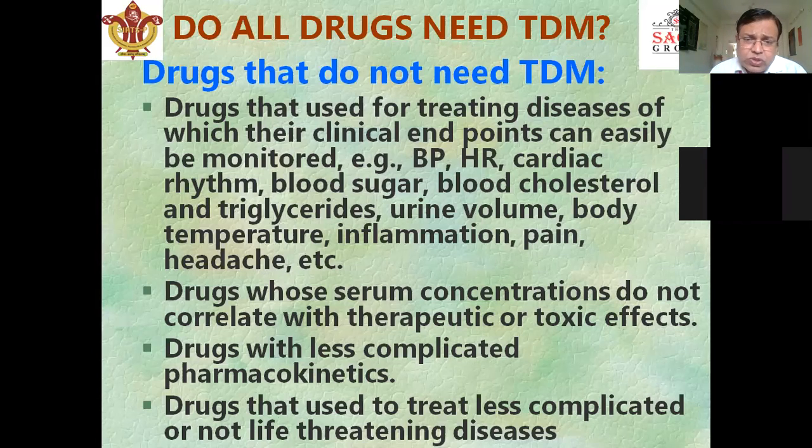Drugs whose serum concentration does not correlate with the therapeutic or toxic effect are also not included. Drugs with less complicated pharmacokinetics, and drugs used to treat less complicated or not life-threatening diseases, are also not included in therapeutic drug monitoring.